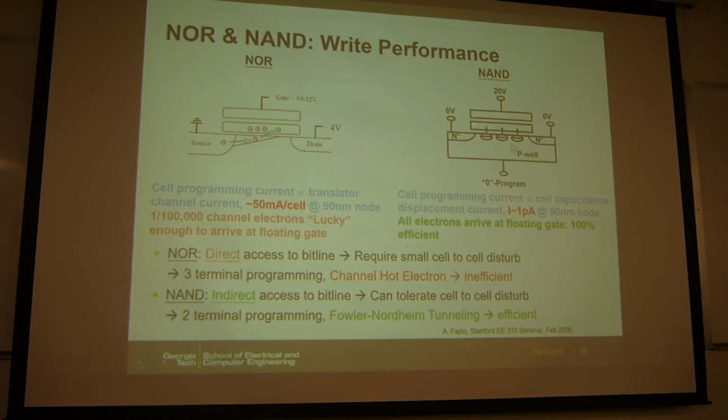So it's very efficient. And the programming current is very small. So like picoamp, you only need the picoamp current to tunnel through. But this one you need to flow like 50 milliamp from the source to drain to get some of the electrons into the gate.